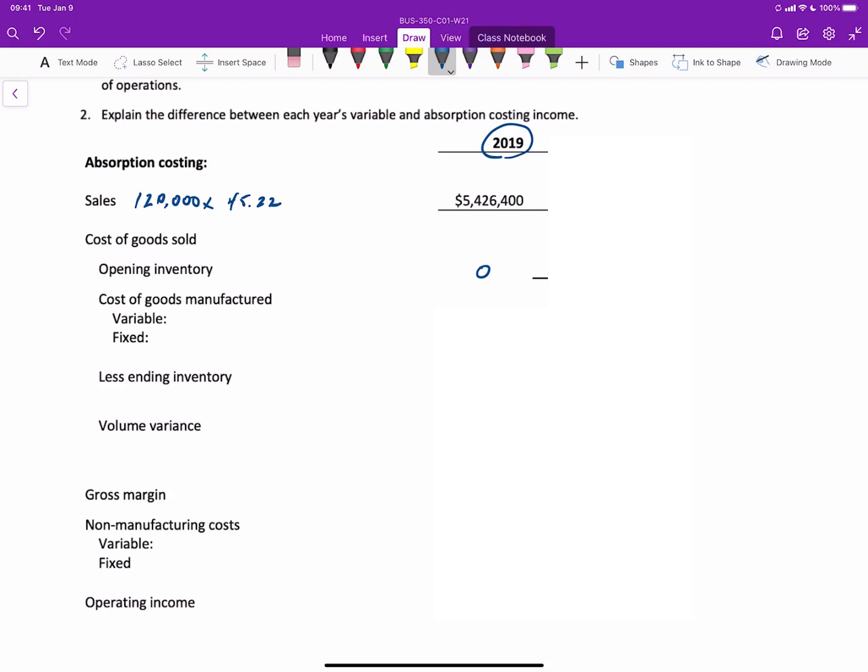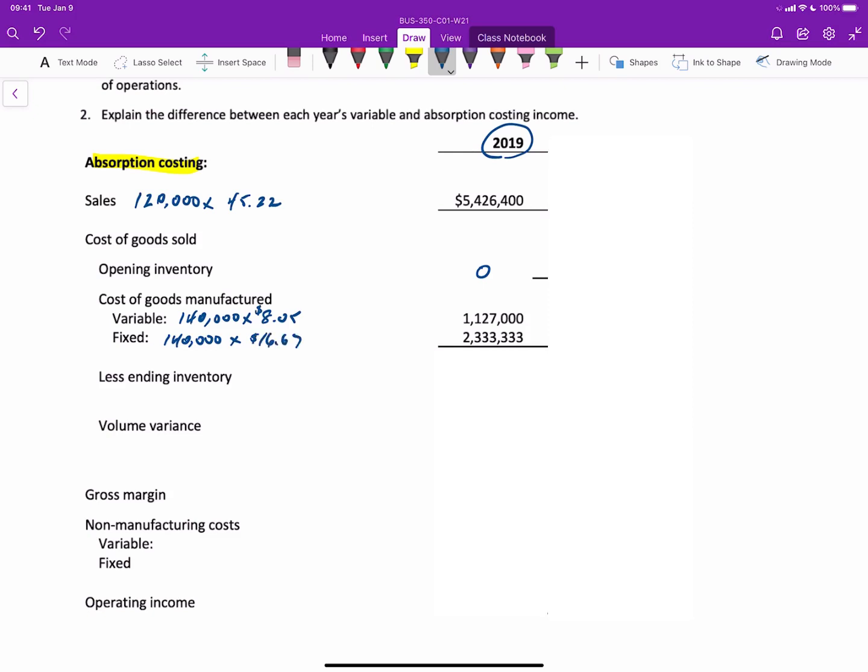Since this is absorption costing, we're going to add both the variable and fixed costs. So our variable cost of goods manufactured was based on 140,000 units produced. And we know that the variable cost is $8.05. So that's $1,127,000.